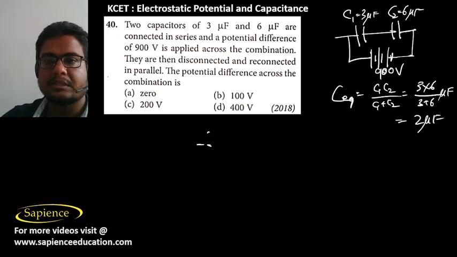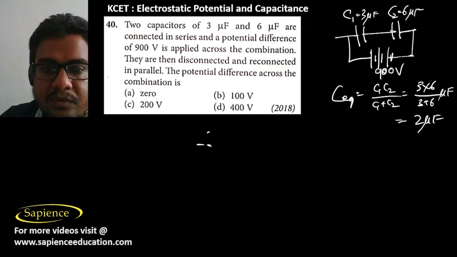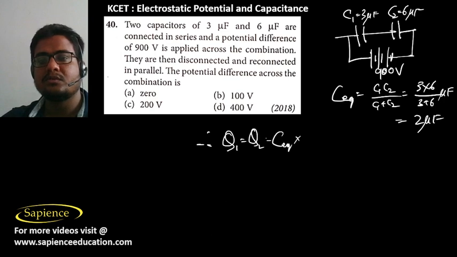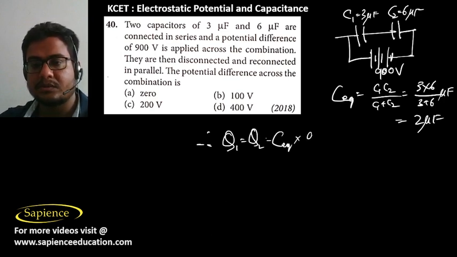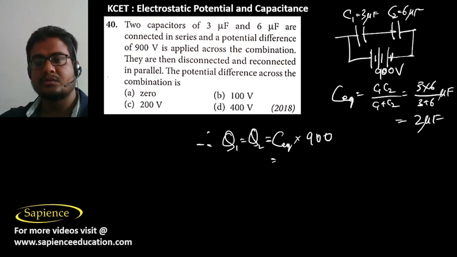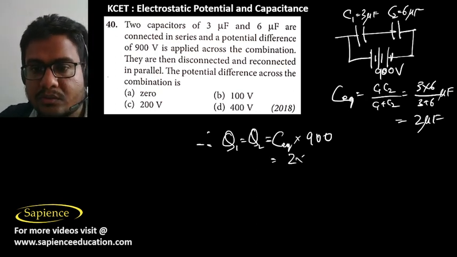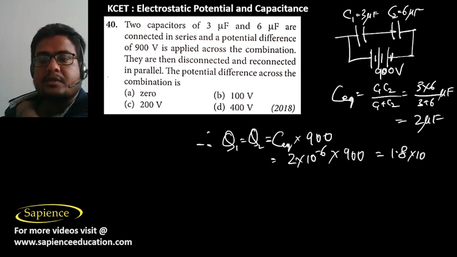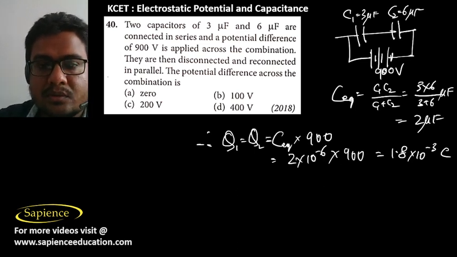Therefore the electric charge formed on each of them, Q1 equal to Q2, will be equal to C equivalent times the potential difference 900 volt, which is 2 into 10 power minus 6 into 900, that is 1.8 into 10 power minus 3 coulomb. Each capacitor will have the same charge since they are connected in series.